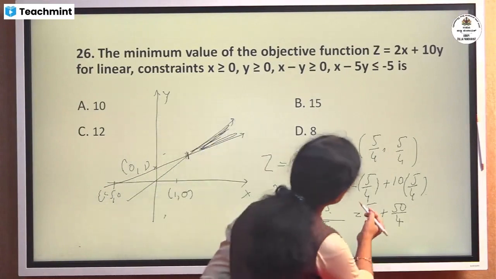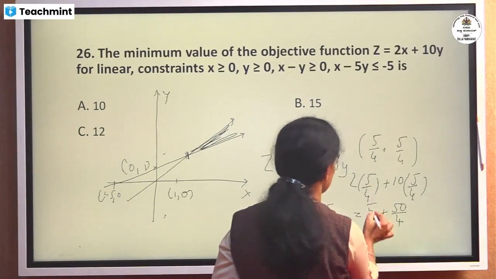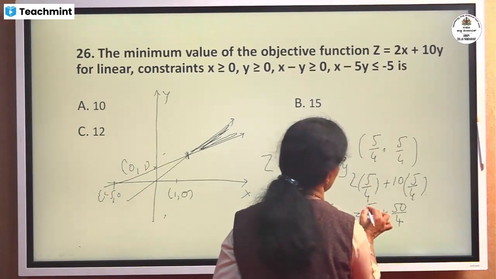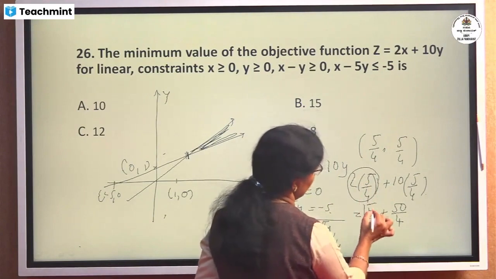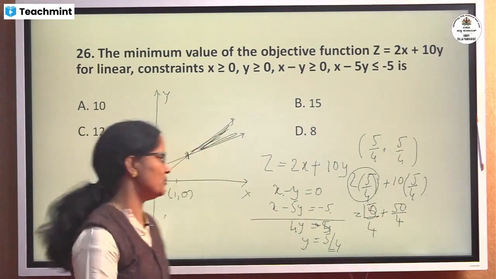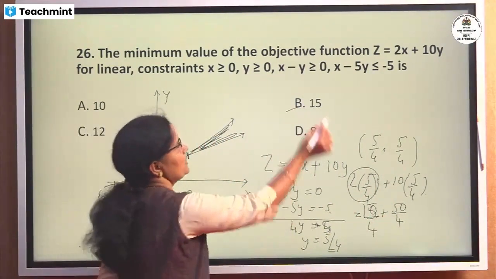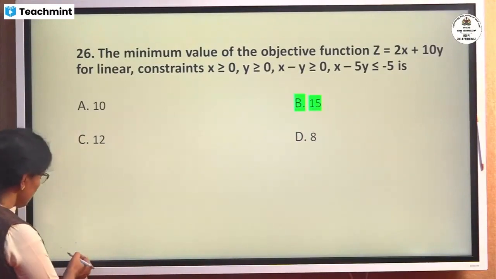So 2 into 5 divided by 4 is 10 divided by 4. I'm so sorry, very silly mistake. 10 divided by 4 plus 50 divided by 4 is equal to 60 divided by 4. Therefore, the option is B. That is the option for the question.